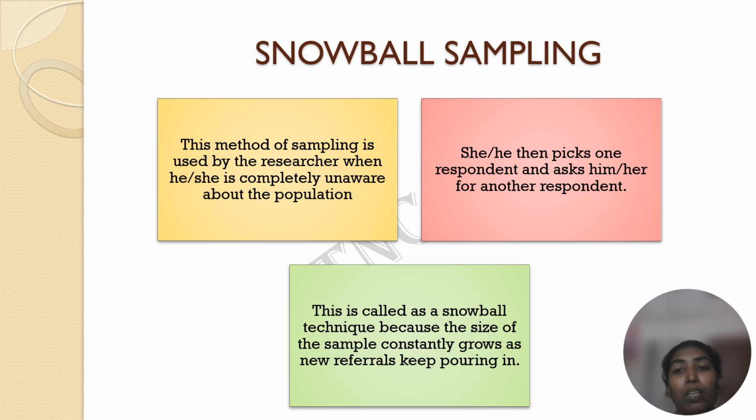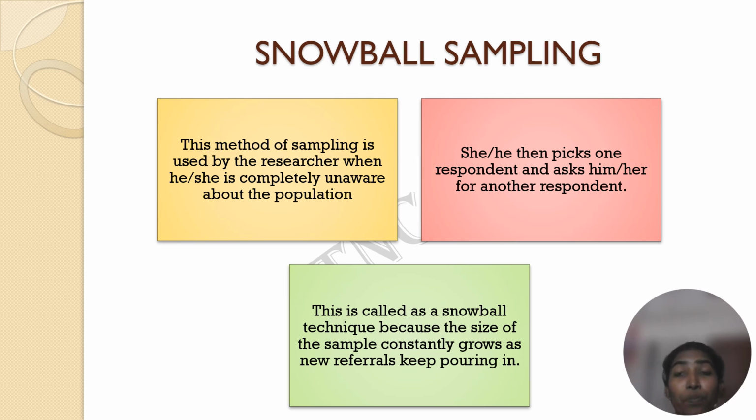For example, if the research is about unregistered domestic workers, usually domestic workers will get registered in their domestic welfare association. But if you want to do research on the domestic workers who are not registered with the association, it is very tough because we will not be able to know the population size, and also it is very tough to identify a domestic worker who is not registered in the association.